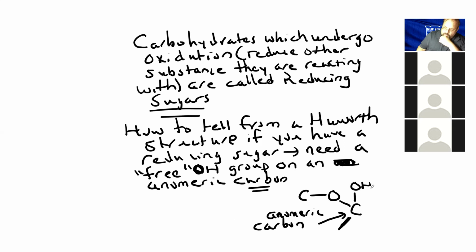What does a free OH group look like? Very simply, it just looks like OH. As you hopefully understand, what makes it free is that it's not involved in a linkage to another monosaccharide.